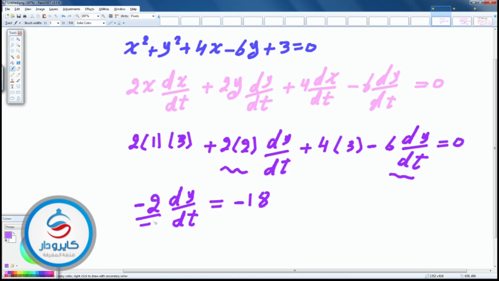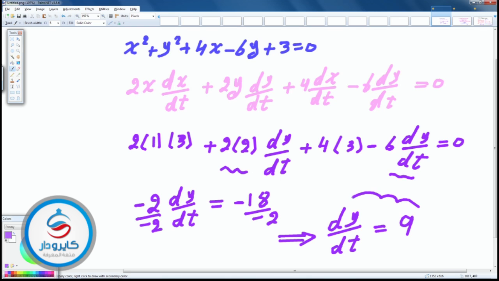By dividing by negative 2, we will get the value of dy over dt equals 9. And this is the answer of the question: what is the rate of change of its y coordinate.